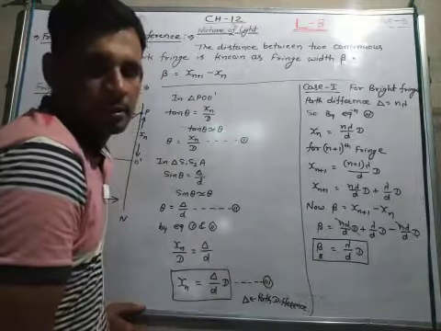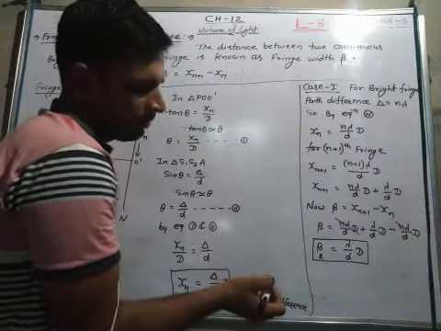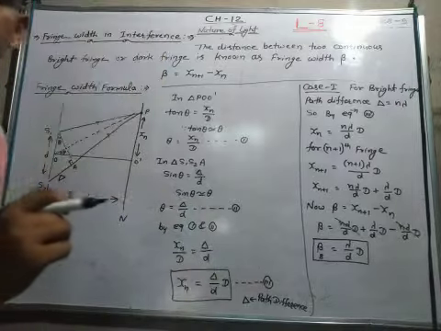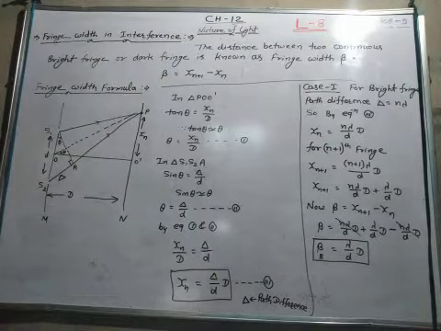Beta B means the fringe width of bright fringe.